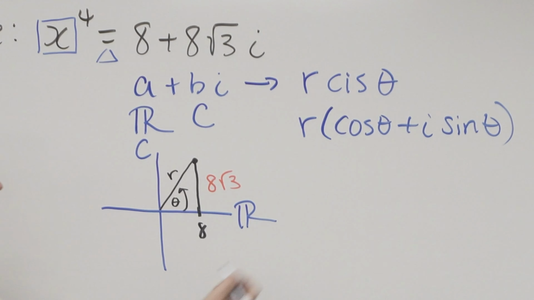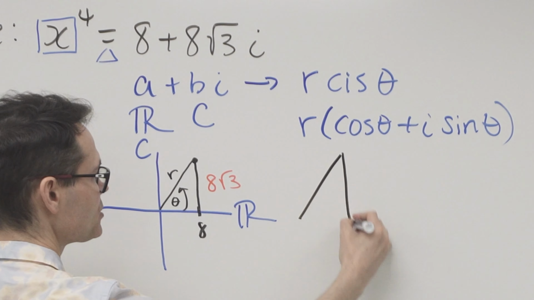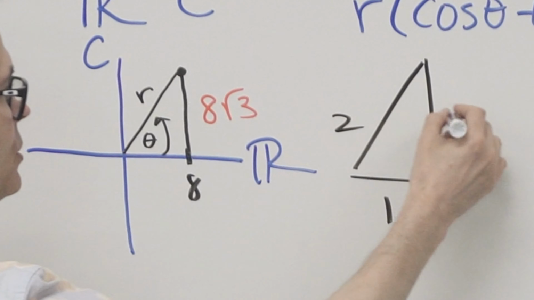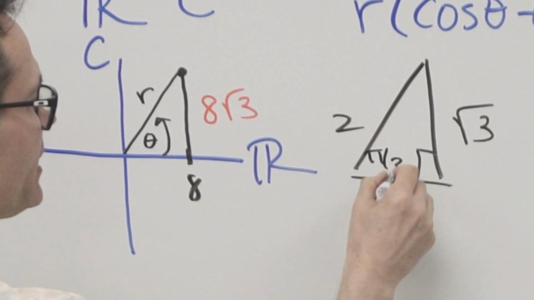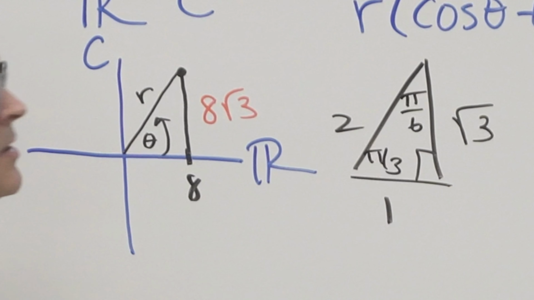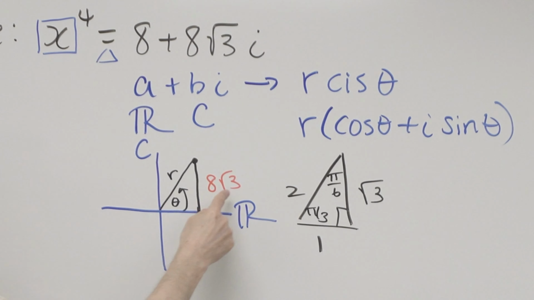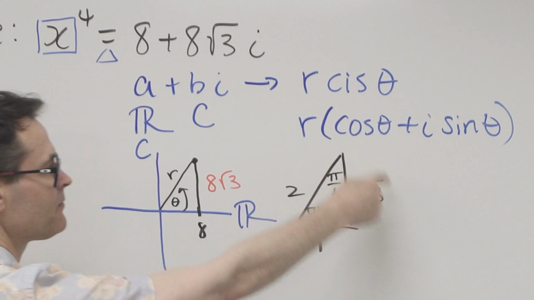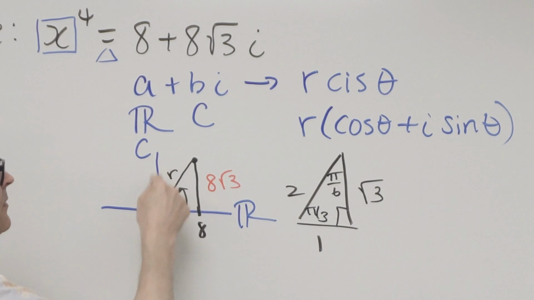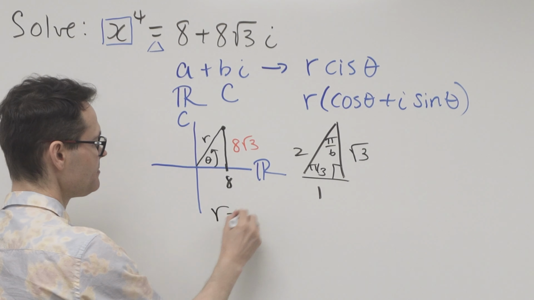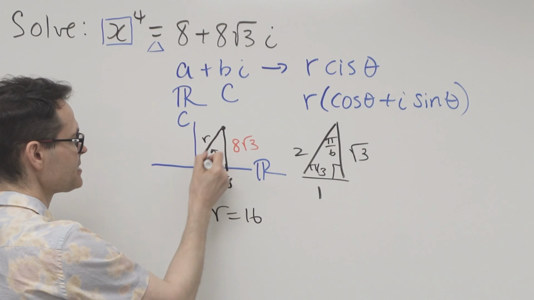r is pretty easy. That looks a lot like our special triangle, the 1, 2, √3, 90-degree special triangle, where this here is pi over 3, and this here is pi over 6. Now, there's a √3, but it's got an 8 in front of it, and that's got an 8. So it looks like it's been scaled up. That means if this is 8 and that's 8√3, the r value has to be 16.